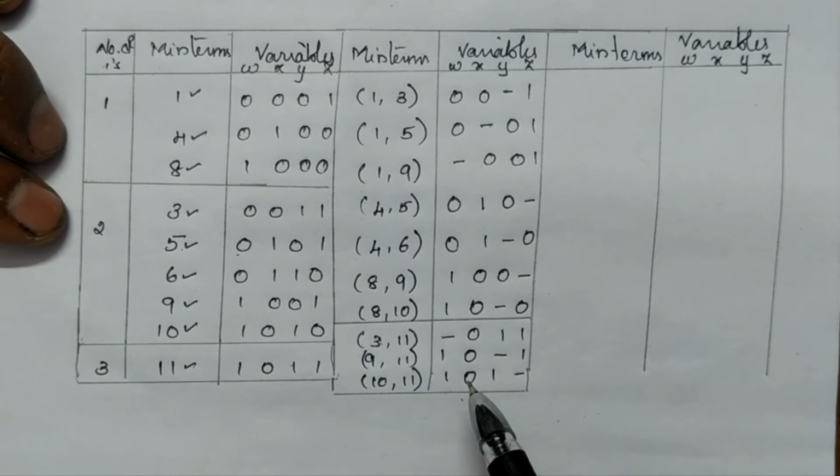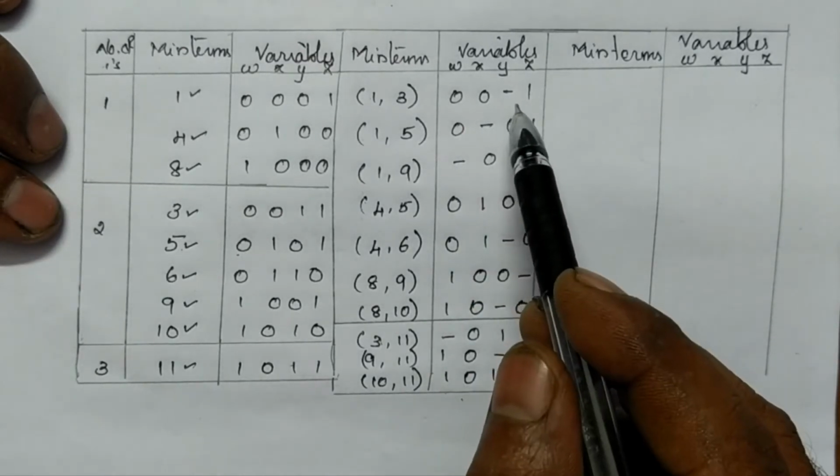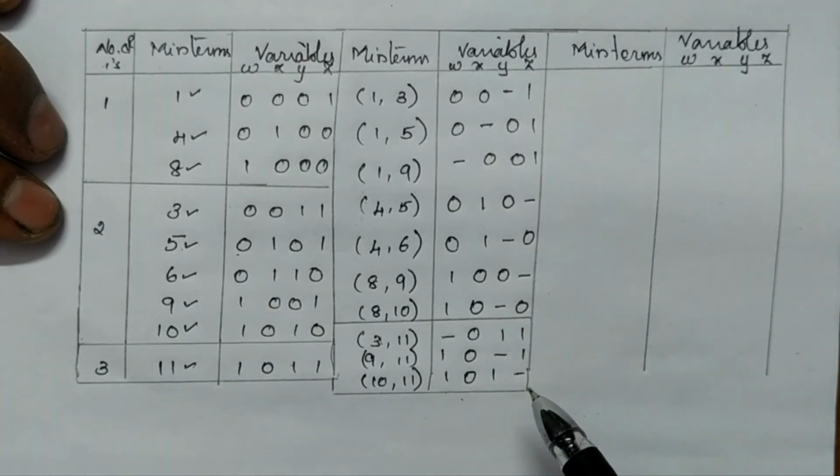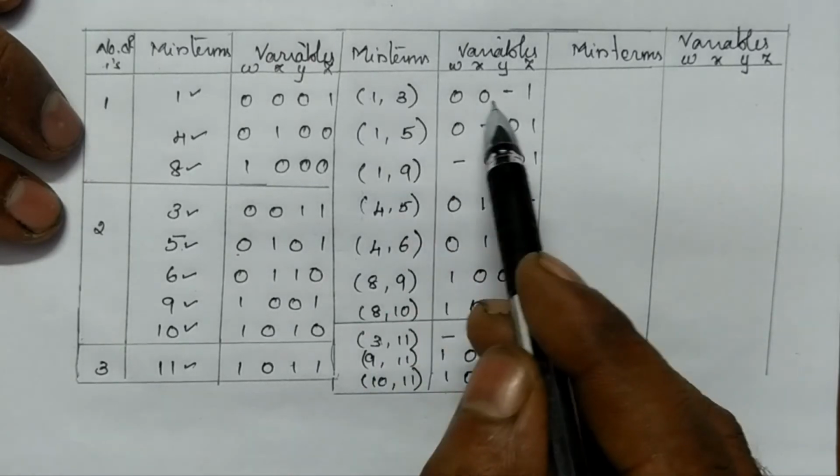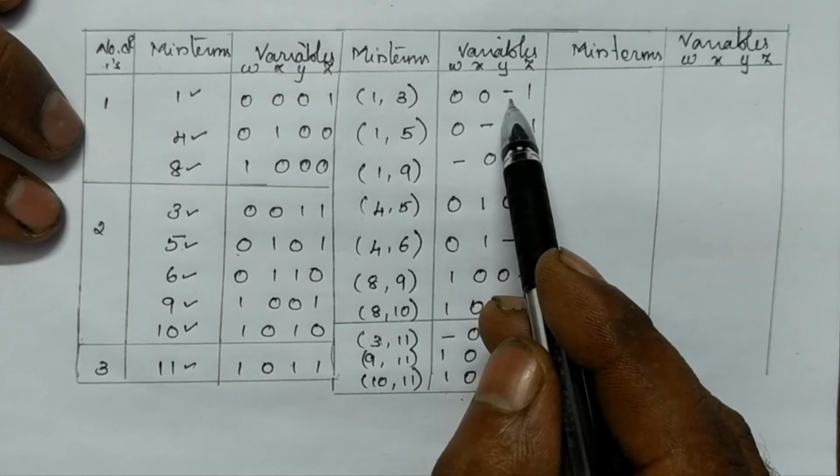Here it should be only 1 bit change. That can be done by checking the hyphen at common place. Then we can go for checking only 1 bit change. So here the third place we are having the hyphen.